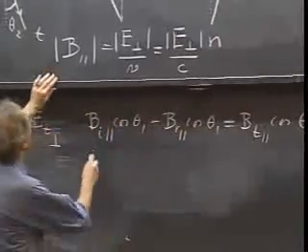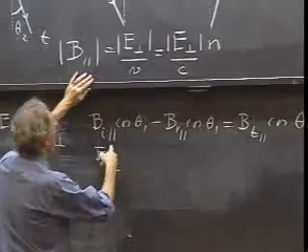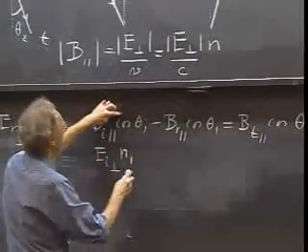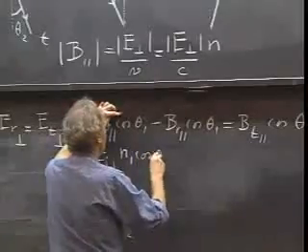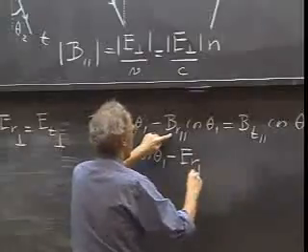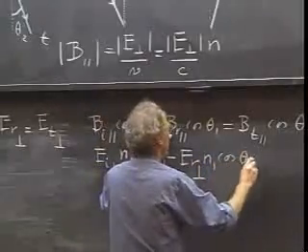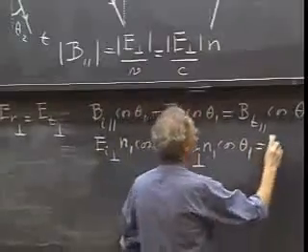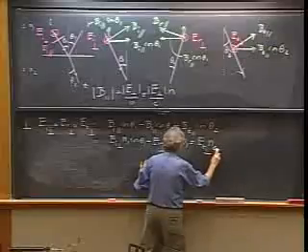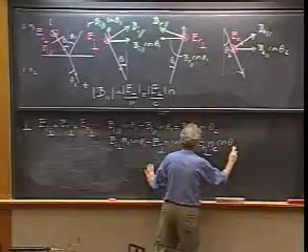So there we go. So now we get E incident perpendicular times N1, because this is medium 1, times the cosine of theta 1, minus E reflected perpendicular times N1 times the cosine of theta 1 equals E transmitted perpendicular times N2, because I'm now in medium 2, times the cosine of theta 2.